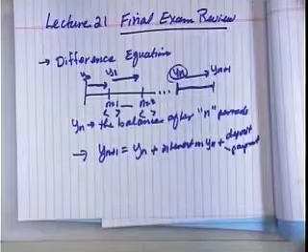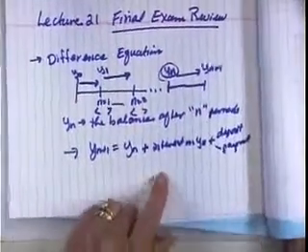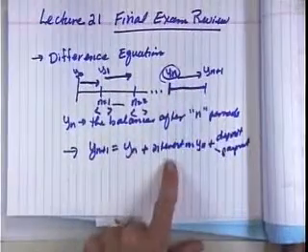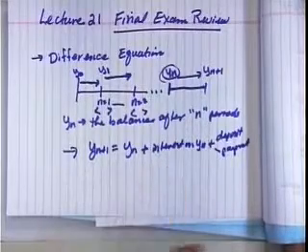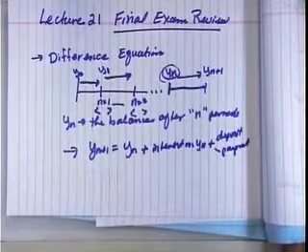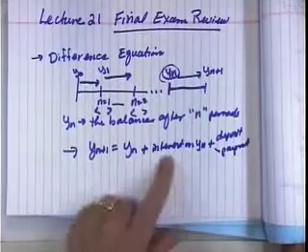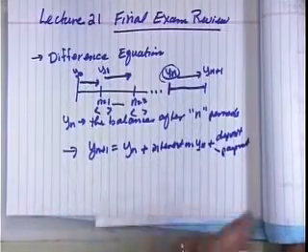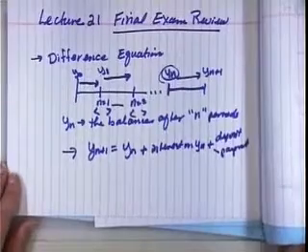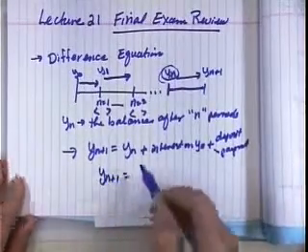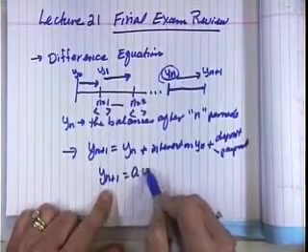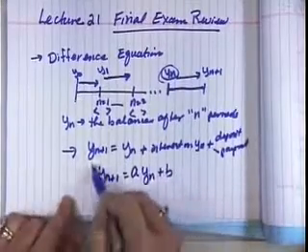And if this was a population, instead of interest, it would tell you how the country was growing or how it was disintegrating, really. People were dying out, or people coming in, the same number a year. So our difference equation, we then simplified to A Y sub n plus B.